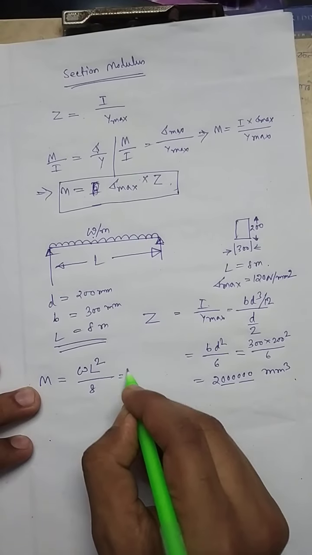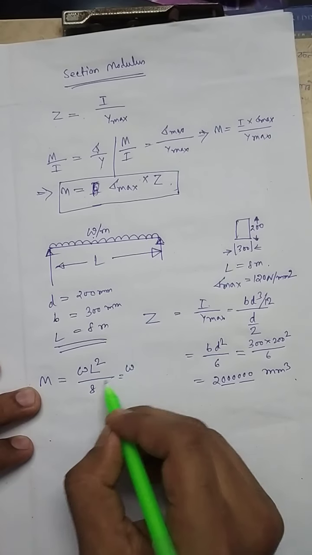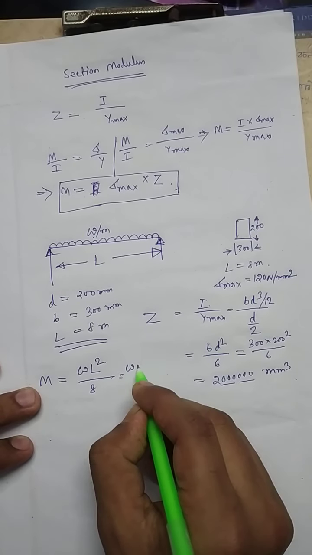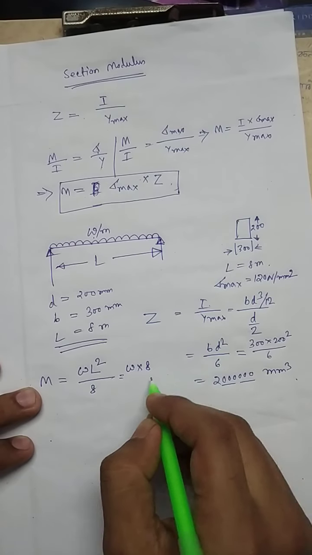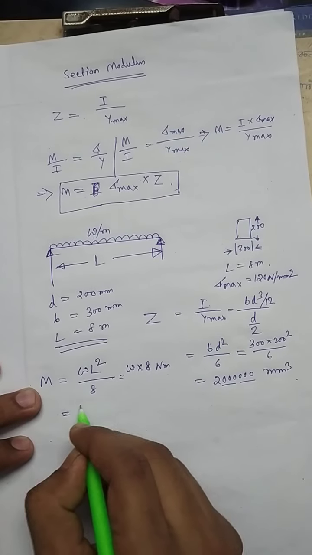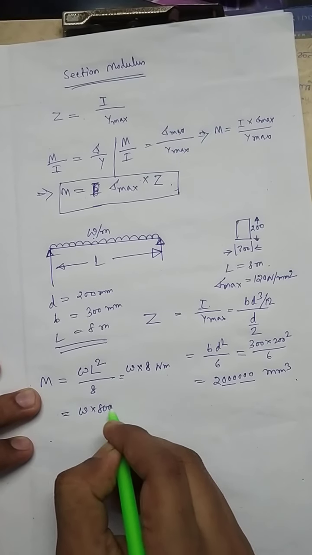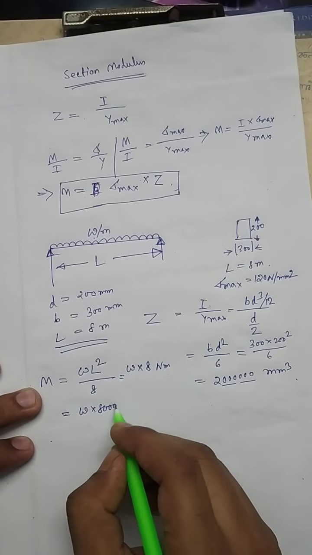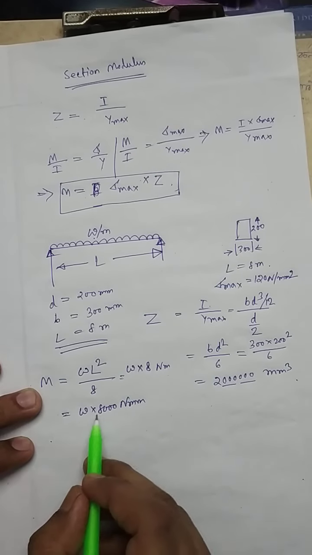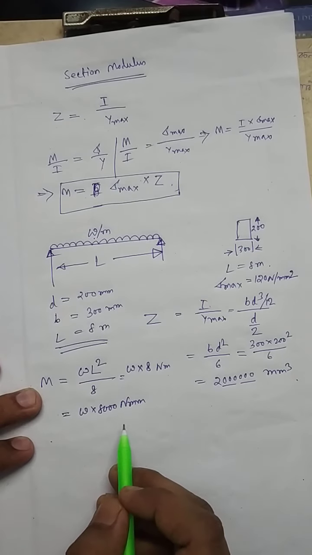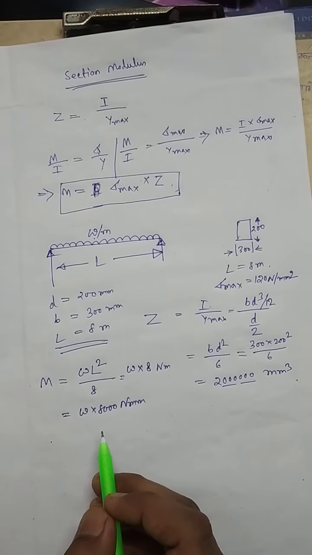So here L is equal to 8, so 8 square by 8, of course it will be W into 8 Newton meter. So W into 8000 Newton mm, as Z is in mm cube, that's why we are converting this into Newton mm. You have to be very careful about units when you are solving problems.